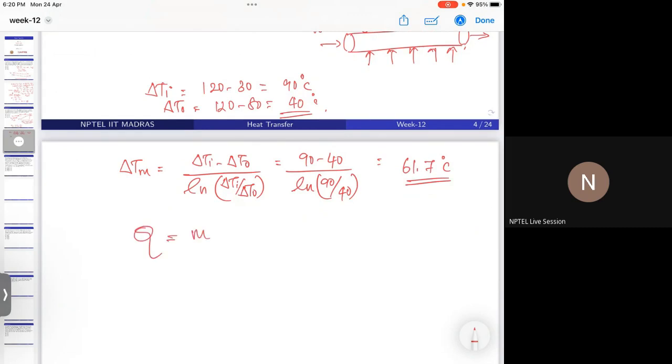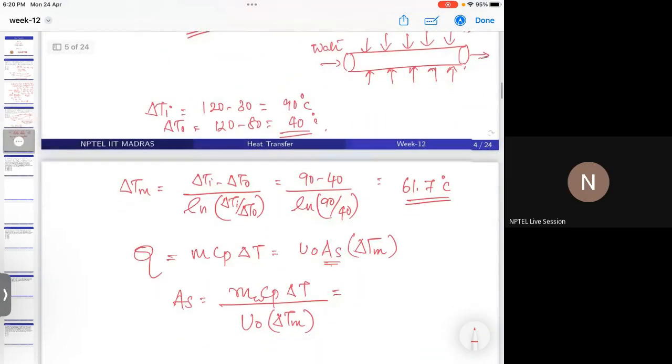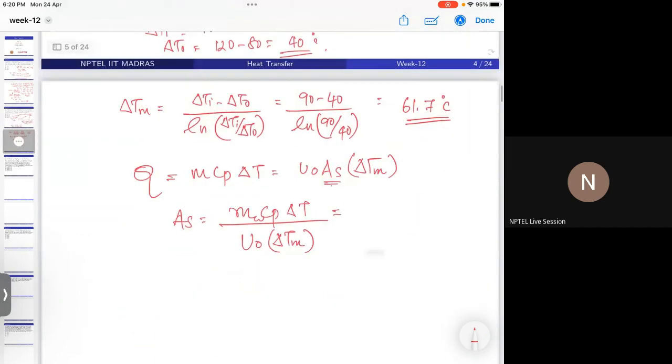So what is Q? This is m Cp delta T, which is equal to the overall heat transfer coefficient times the surface area times LMTD. So what we are asked to find out is As is equal to m water Cp delta T divided by U0 times LMTD. So what is the mass flow rate of water? To convert it into kilogram per second, 1500 divided by 3600.